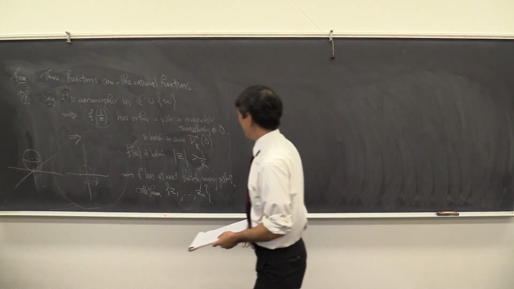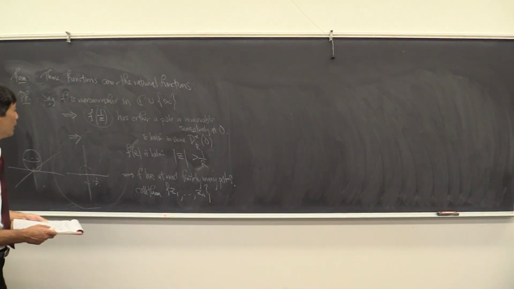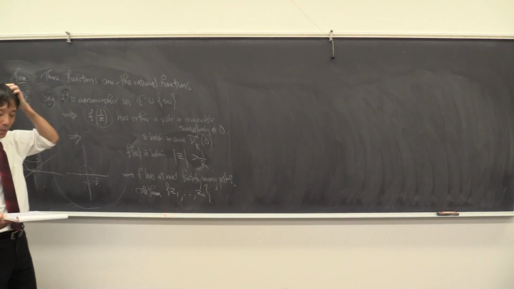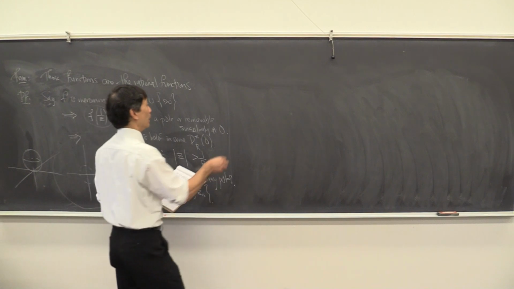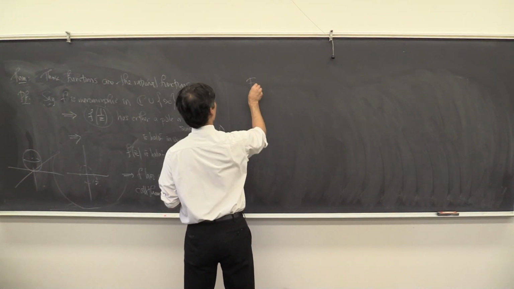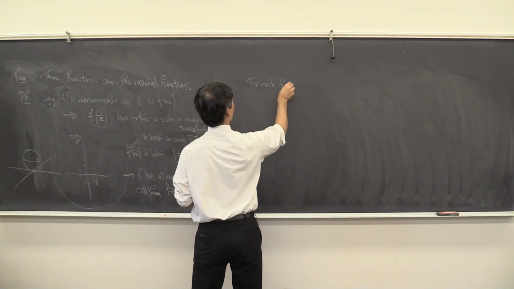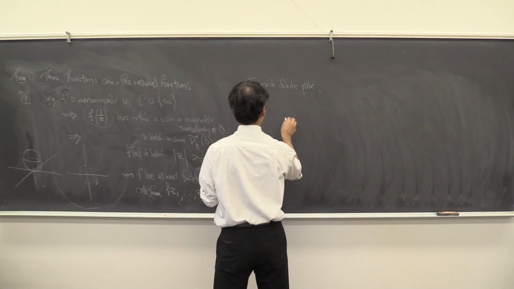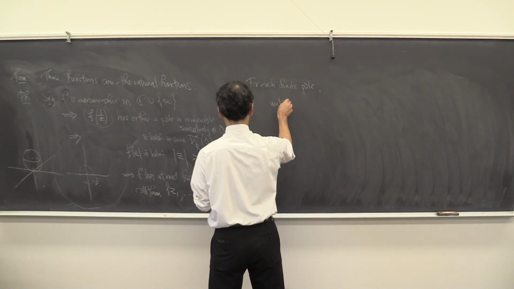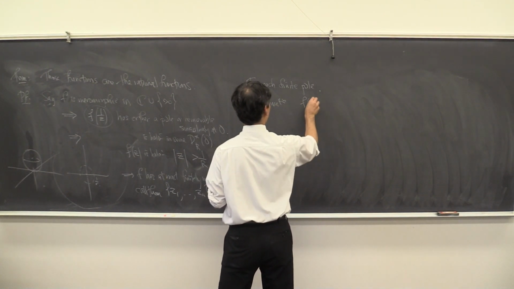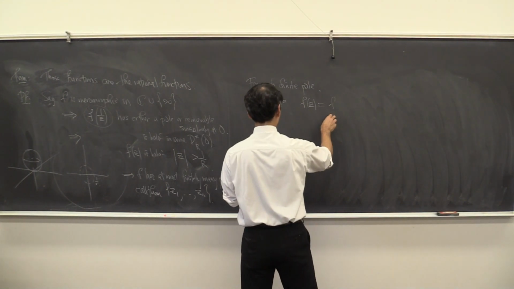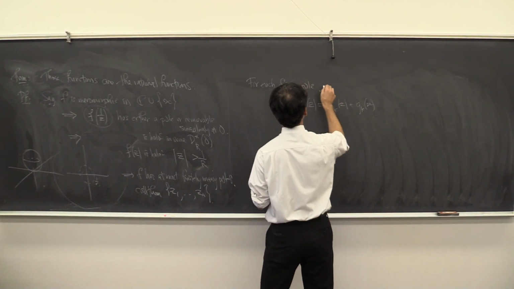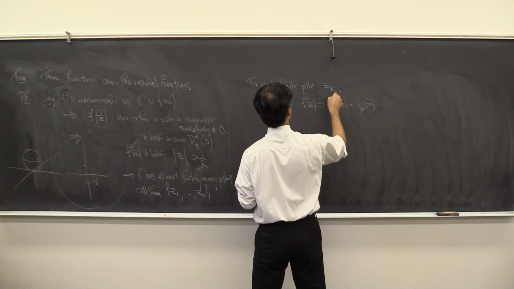Okay. So now what we do is we're just going to subtract off the parts that give the poles. So for each finite pole z sub k, write f of z as f_k(z) plus g_k(z).